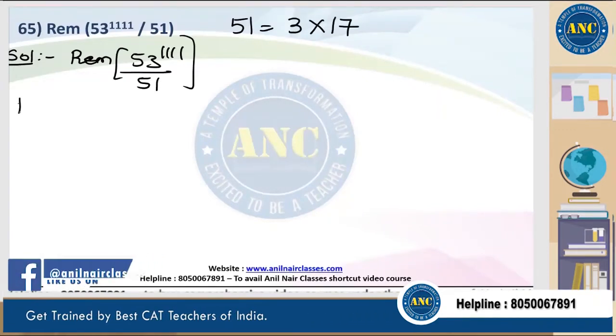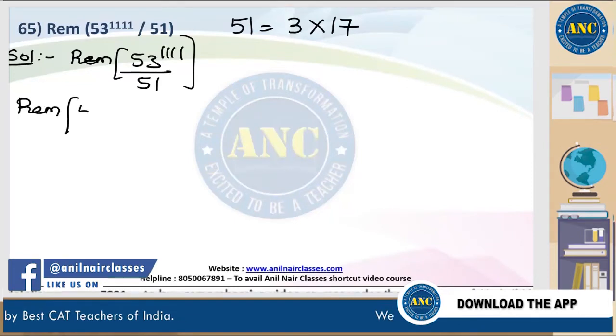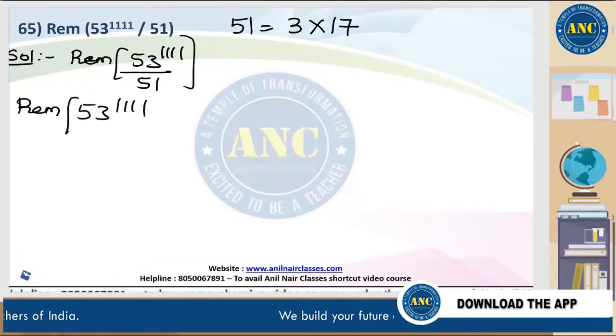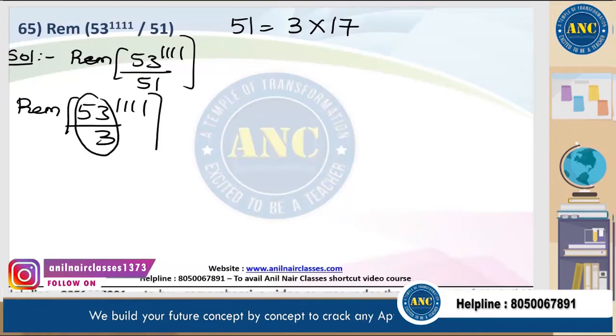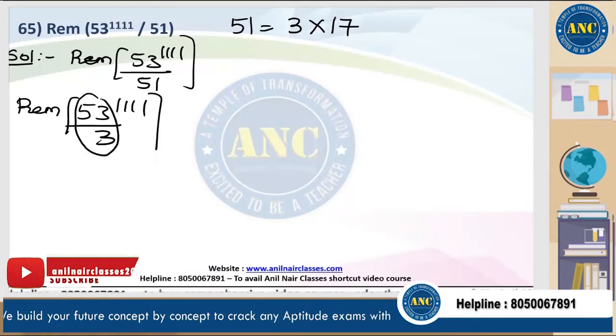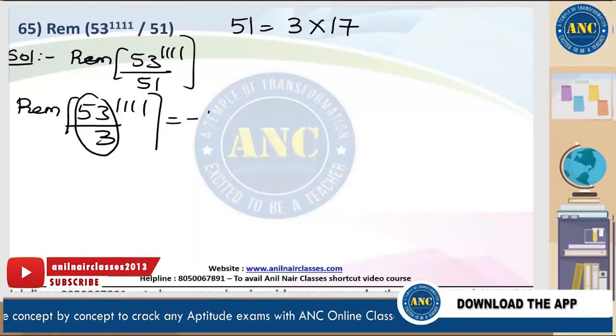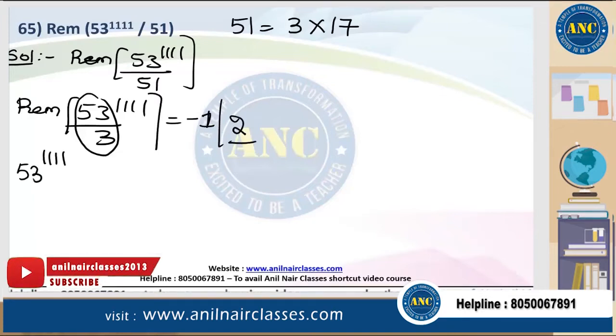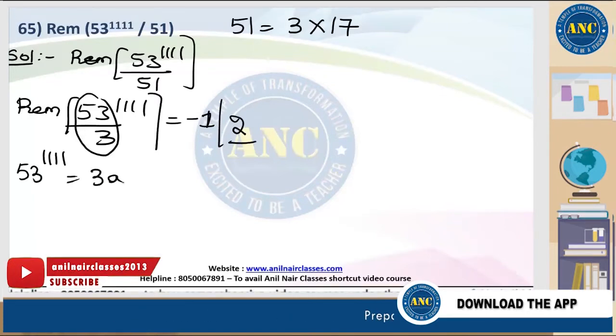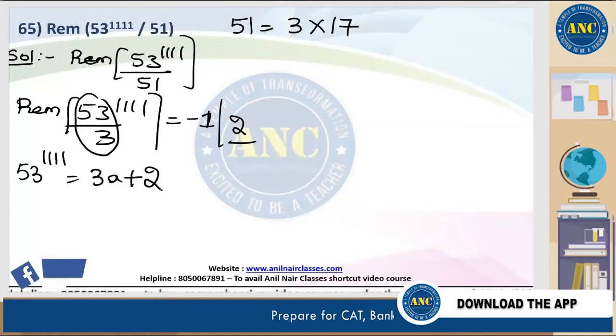Now you can use first 3. 53 power 11111 divided by 3. 3 18s are 54, minus 1. Minus 1 power odd is minus 1. Negative remainder minus 1, positive remainder 2. So 53 power 11111 when divided by 3 gives a remainder 2.